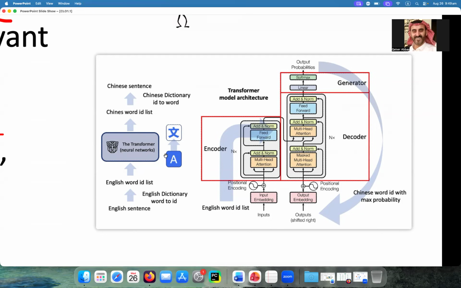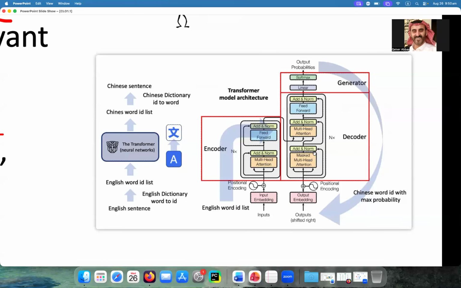It is converting your English sentence into Chinese, giving you Chinese words as a list, and each word has an ID. Then you use the Chinese dictionary to get words from those IDs, and then you have a Chinese sentence as output.